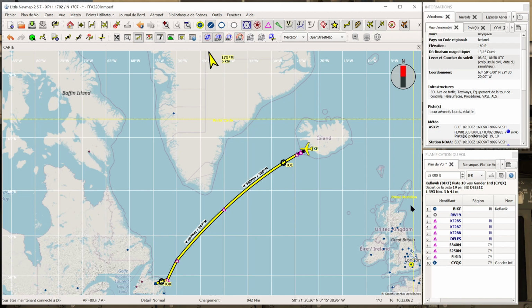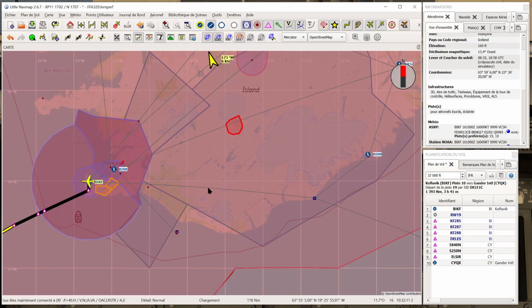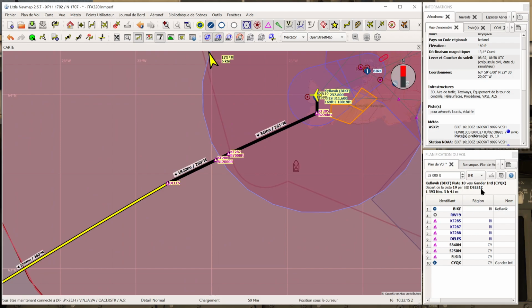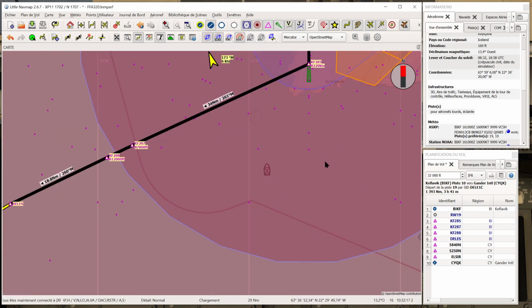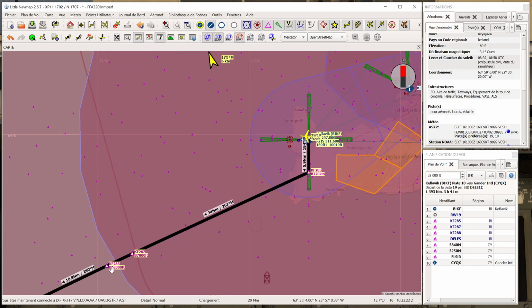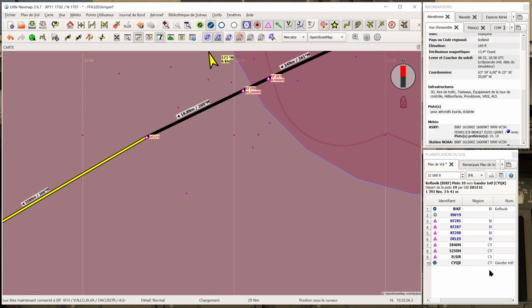So the takeoff will be from runway 19 in Keflavik, and we will follow the DILLES 1 Charlie departure, fly runway heading, turn left towards DILLES intersection.